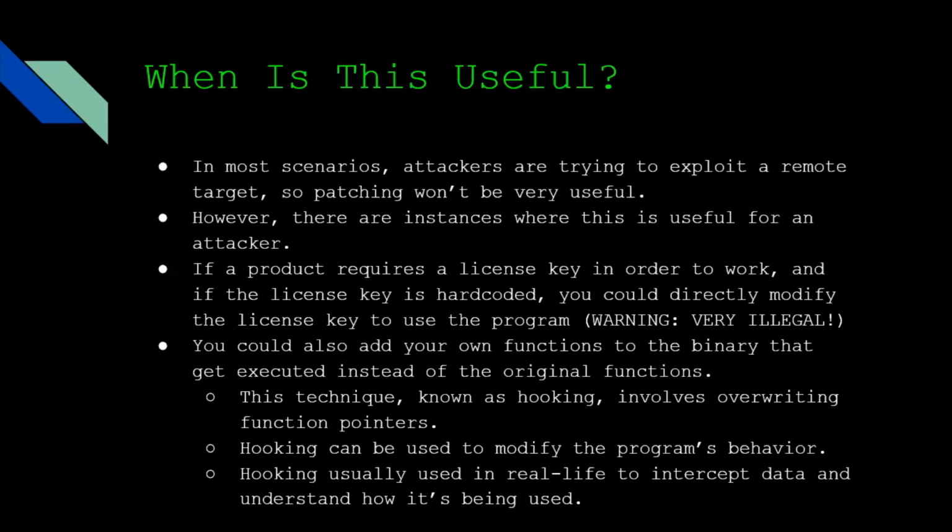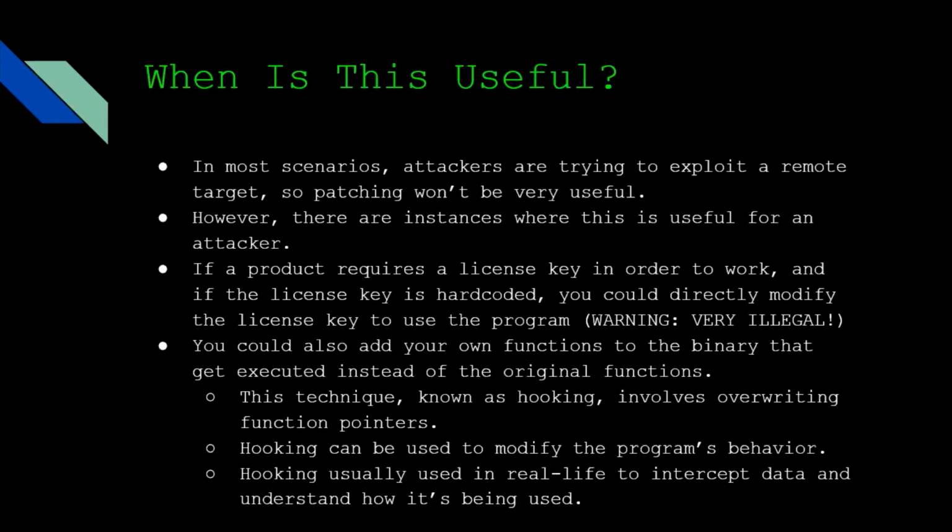And this is how you have cracked software or pirated software being created. Keep in mind, this is very much illegal, so please don't actually do this in real life. This is just a theoretical way of how this technique could be used in real life.